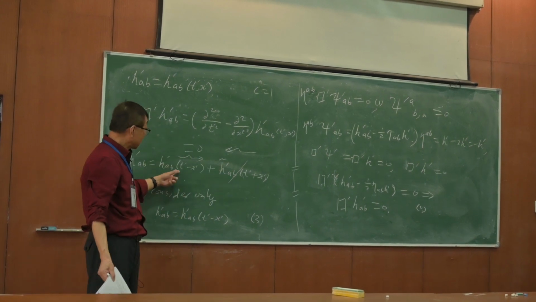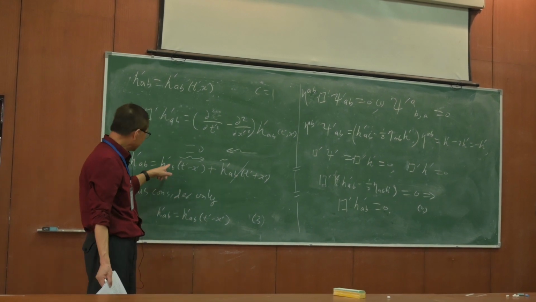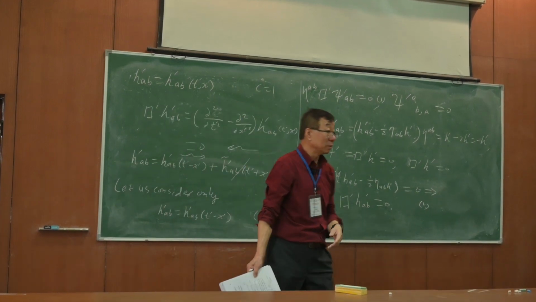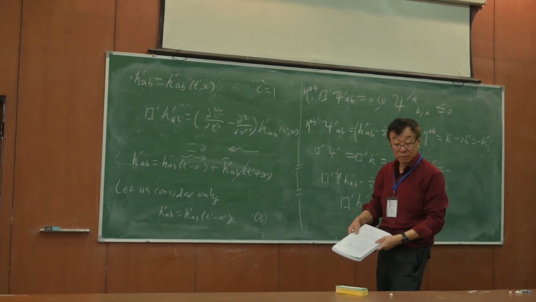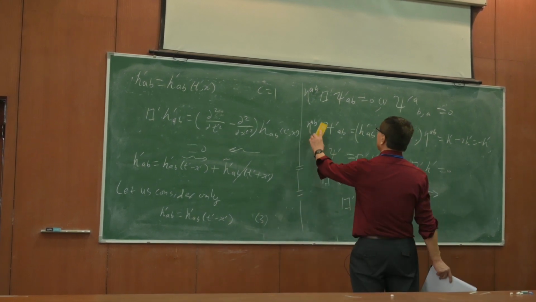But remember, we are considering the linear case, there is no interaction between them, so you do not have any modifiers. So in the linear case, you can always treat them separately. Since they are independent, I'm going to consider only one.